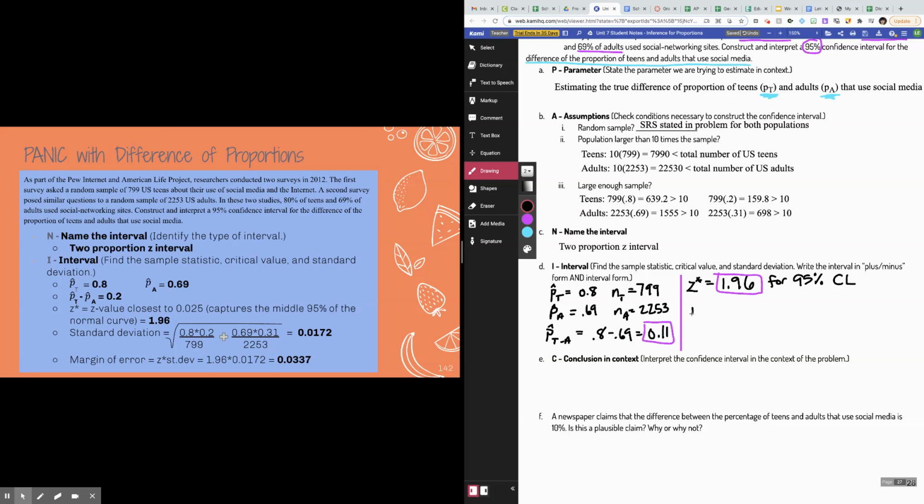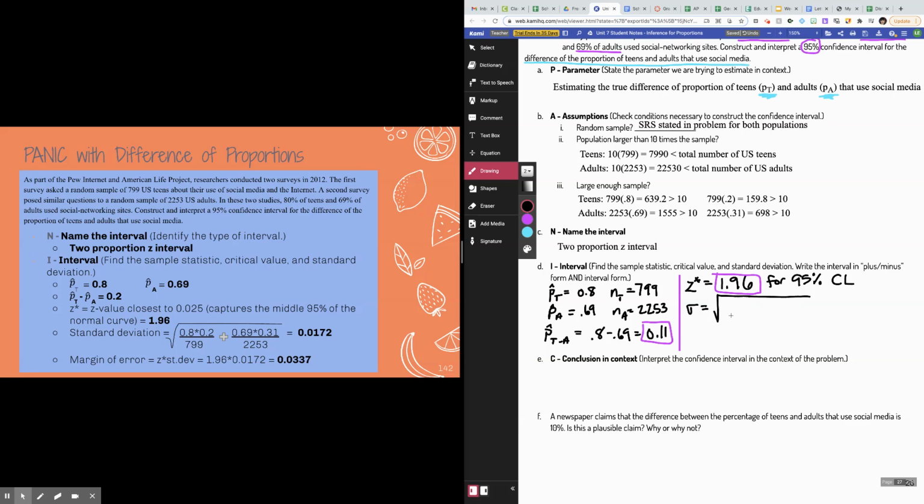And then the last thing I need is my standard deviation, which is kind of long, right? It takes a while to calculate, okay? But it's 0.8 times 0.2 divided by my sample size, which is 799. So that's for teens.